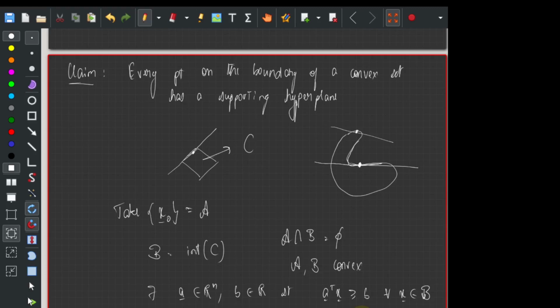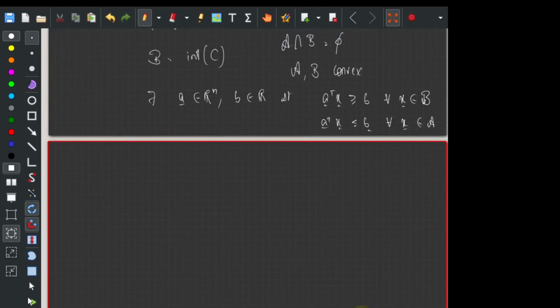So think of it this way. I started with a convex set, right? And I defined two sets. One is this point x0, which was in the boundary. And I defined another set, which is basically everything in the inside of this particular set. So you remove only the boundary and you get an open set.